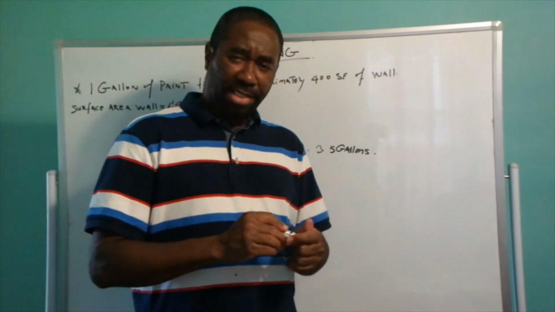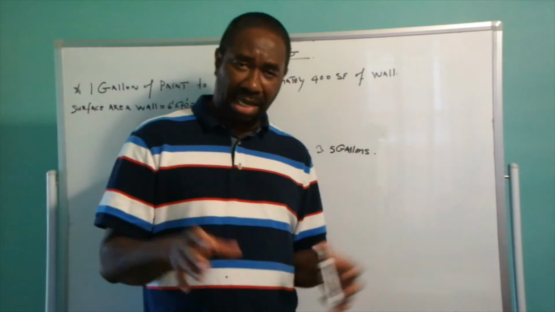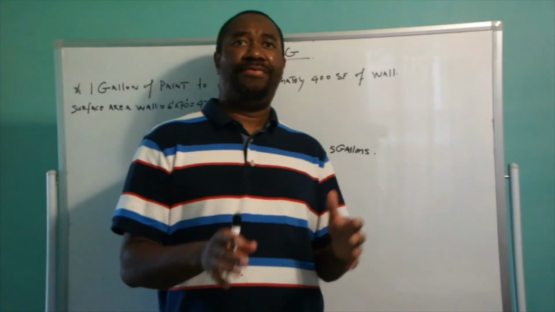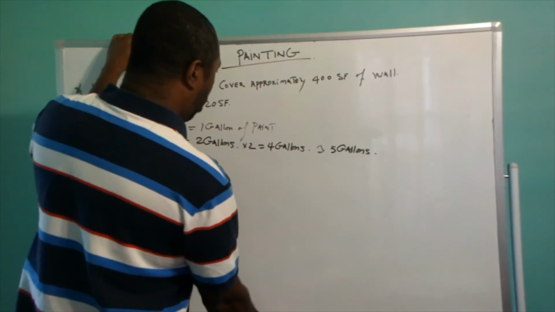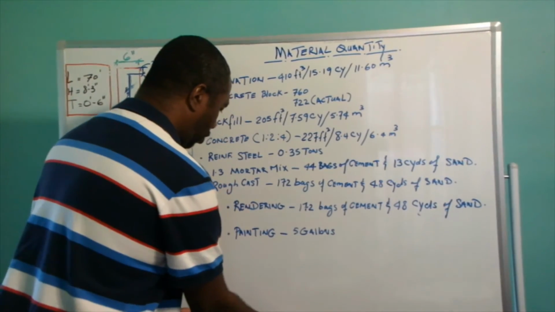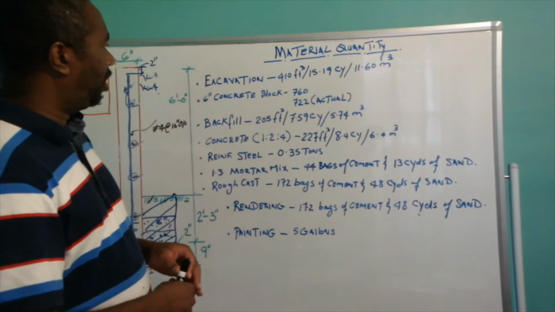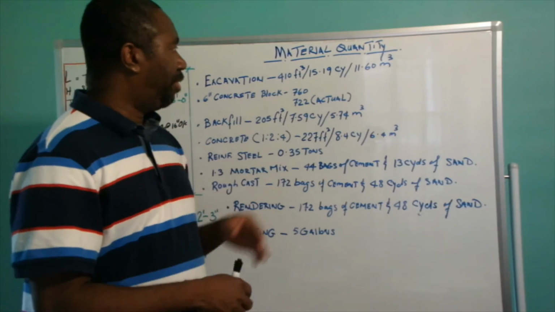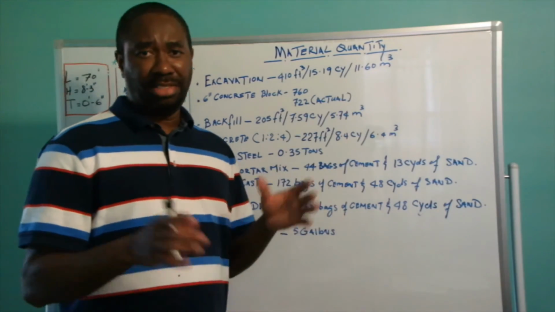So let us recap on what we have calculated so far, and I think we have come to the end of the calculation for the material quantities. So thus far we have calculated the excavation to be 410 cubic feet or 15.19 cubic yards or 11.60 meter cube.